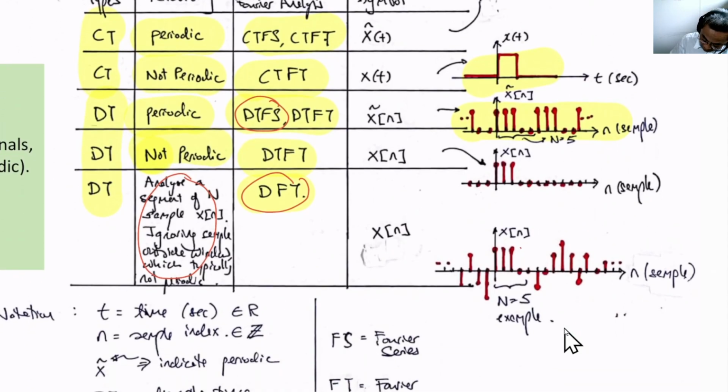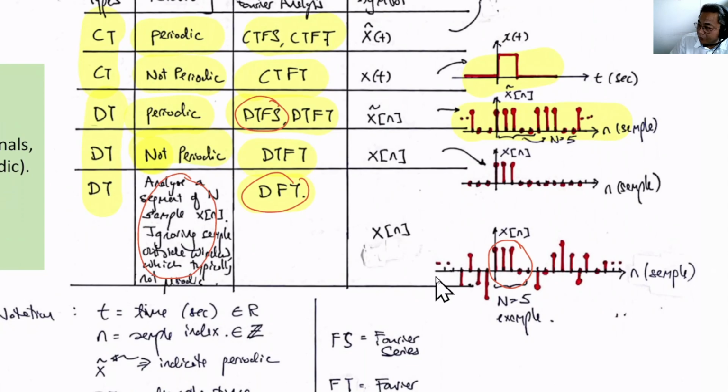Here, we're using DFT to analyze this 5 sample signal. This 5 sample is the same as this 5 signal, 3 on and 2 off. What is outside? It's not periodic. It is not like here, where we have a sampled signal that repeats itself every 5 samples.